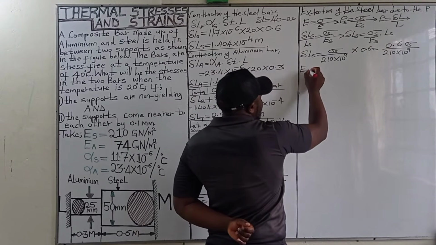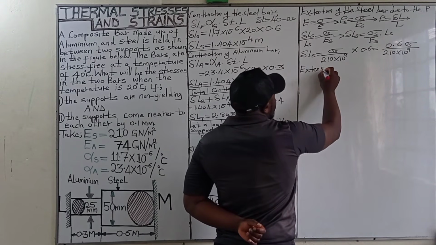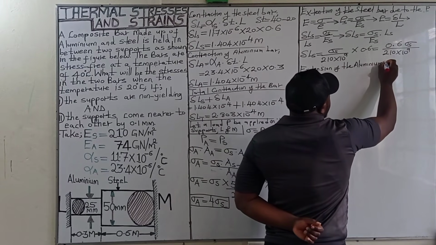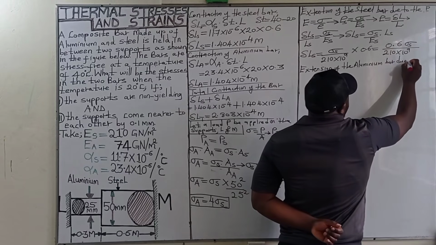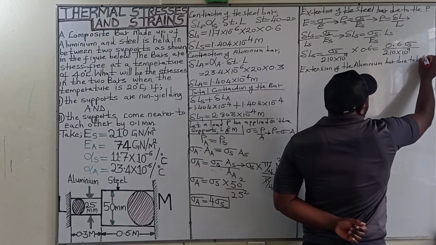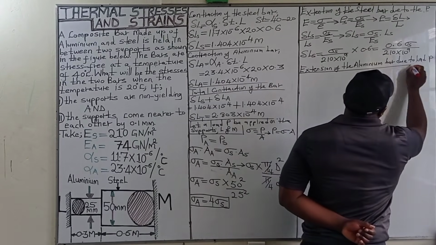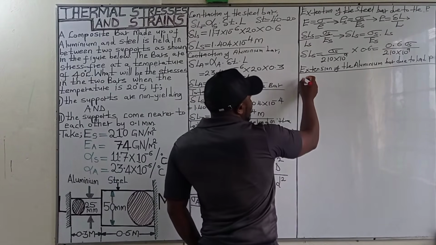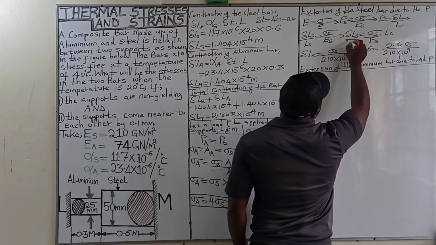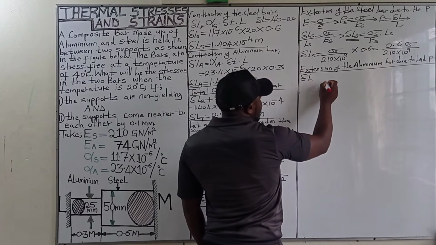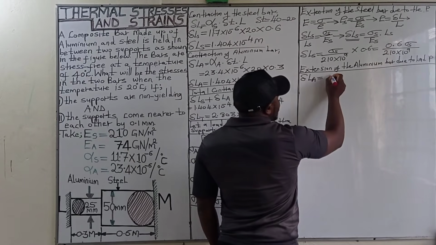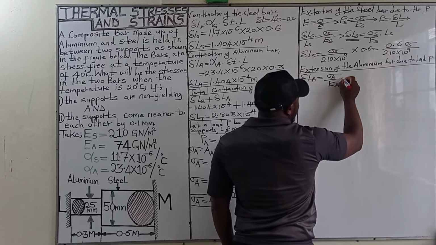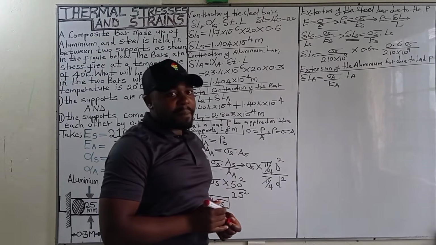Then the extension of the aluminium bar, extension of the aluminium bar due to the load P, due to the application of the load P on the support L. So the extension will be given by, using this relation, the extension in the aluminium bar will be given by stress developed in aluminium divided by the Young's modulus of elasticity of aluminium times the length of the aluminium bar.